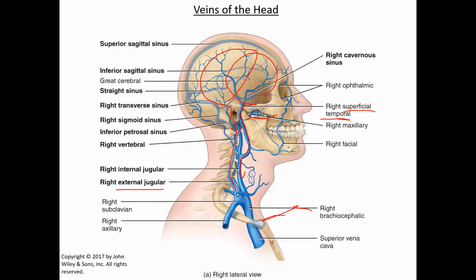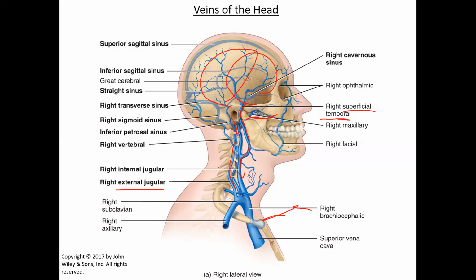Don't worry too much about the detail here. I just want you to be aware that some of the venous drainage from the external of the skull does go into the internal jugular vein, whereas most of it goes into the external jugular vein.